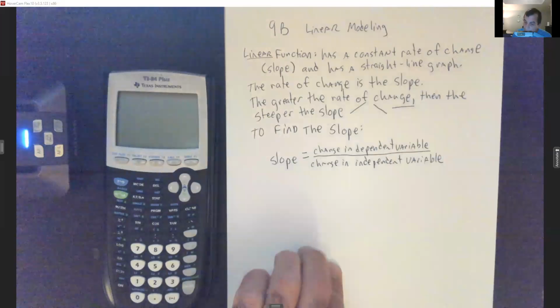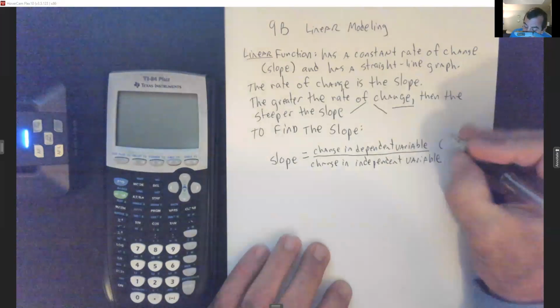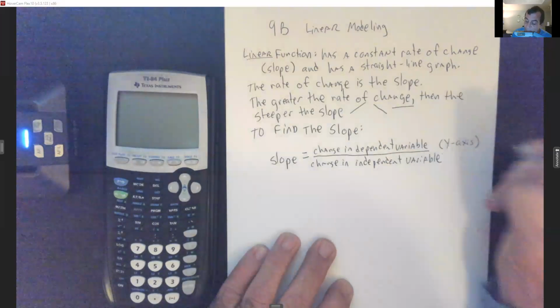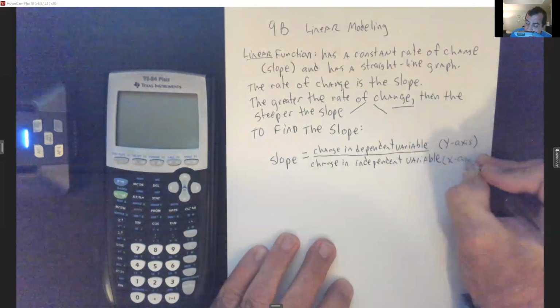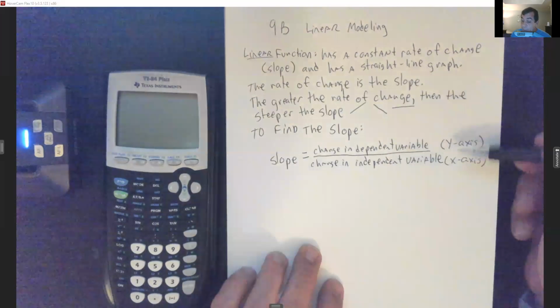Okay, so remember, the dependent variable is your y-axis. The independent variable runs along your x-axis. And that's where they get that rise over run from.